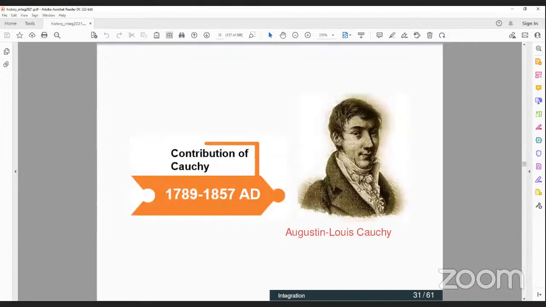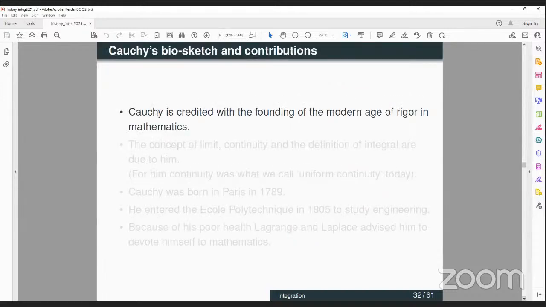Let me come to Cauchy now, because I think very important contributions were made by Cauchy as far as the integral is concerned. And I will also say something about the biographical sketch of Cauchy, because I think he was a remarkable mathematician and a remarkable person.